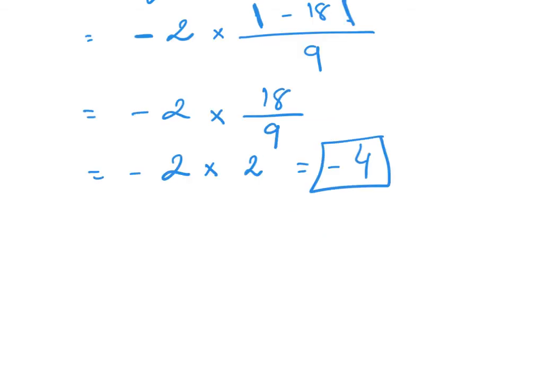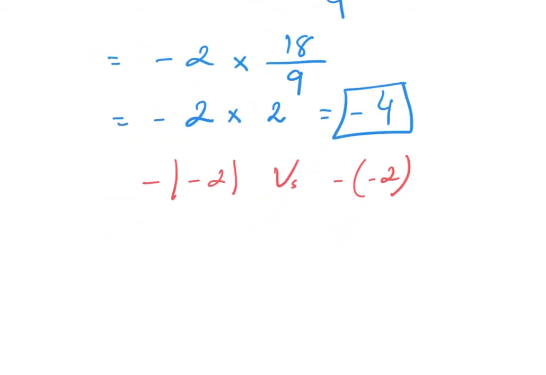Again, here we have to pay attention. Let me explain this. When we have a negative absolute value of -2, it's different than the parentheses -2, right? So let's say this one versus this one. Here the negative is going to be separate, and we have to solve inside the absolute value, which would be 2.